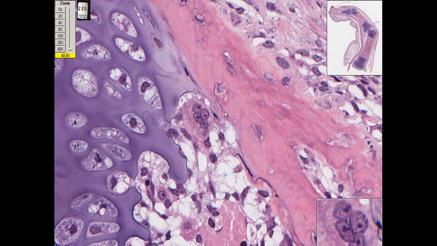And here we can see some bone cells. This is an osteoclast, a multinucleated phagocytic cell that's eating bone and also is eating cartilage in through there. We also see osteoblasts.